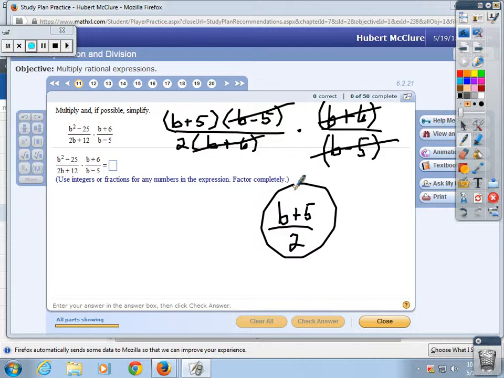So, what does all this mean? Well, let's say that b is equal to 1. What's 1 squared? 1 squared is 1, minus 25 is what? Negative 24. 2 times 1 is what? 2 times 1 is 2.